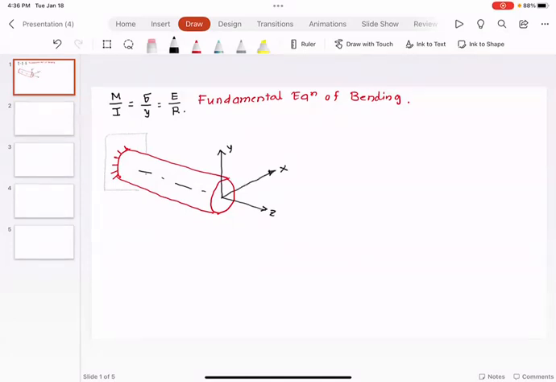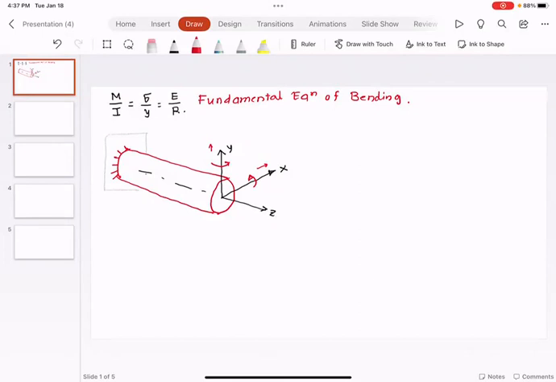Now imagine if my load or my force is about the X or Y axis. Please note that this is going to cause bending, which means this cantilevered beam will bend either about the YY axis or about the XX axis. If you want to find out the stresses because of this bending moment, you would use the fundamental equation of bending.